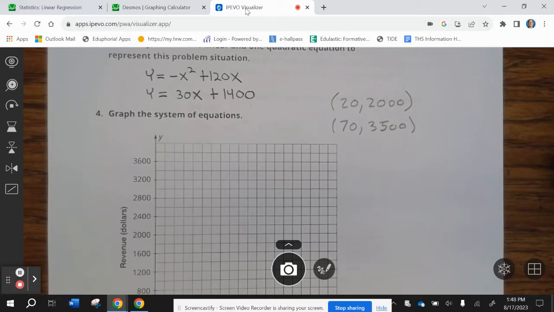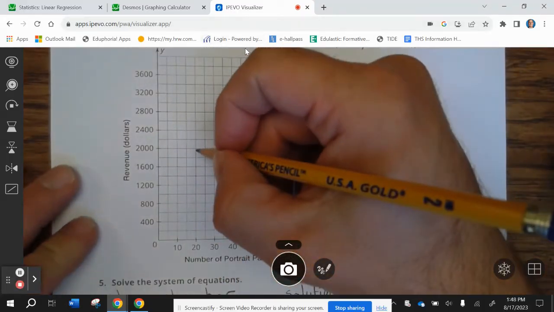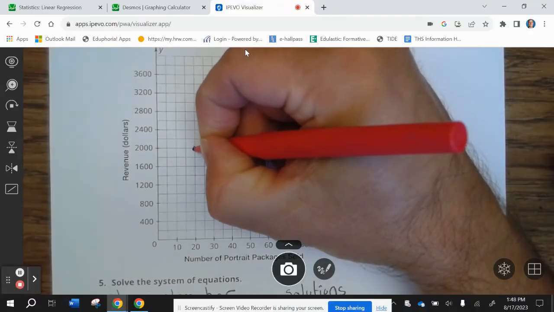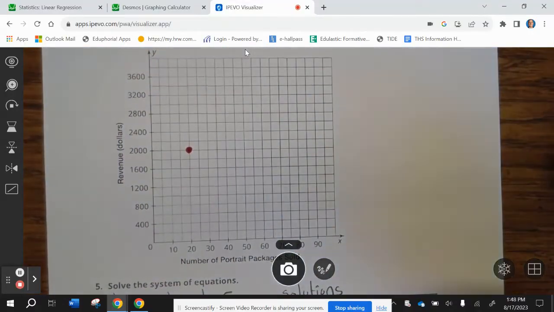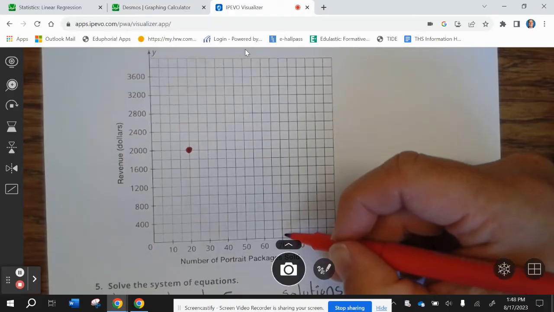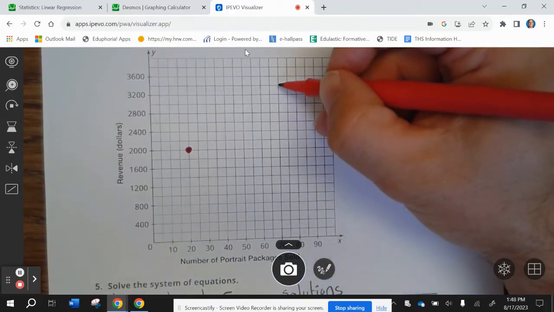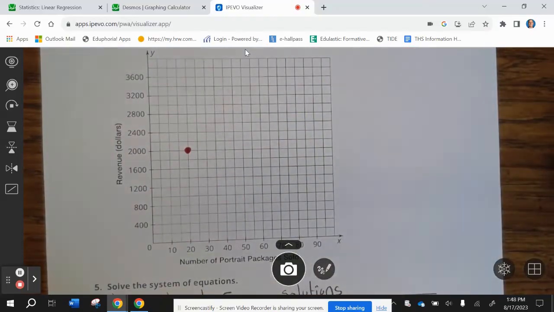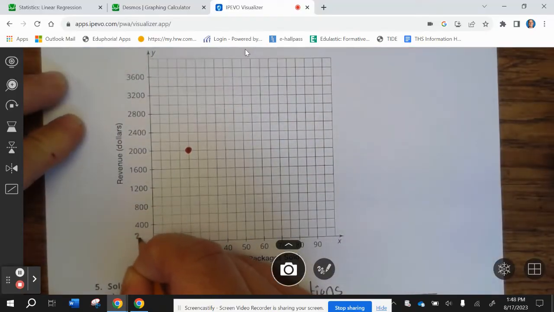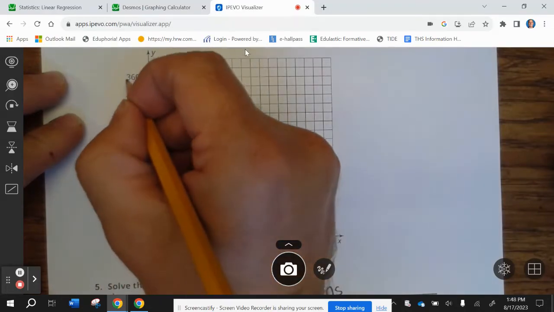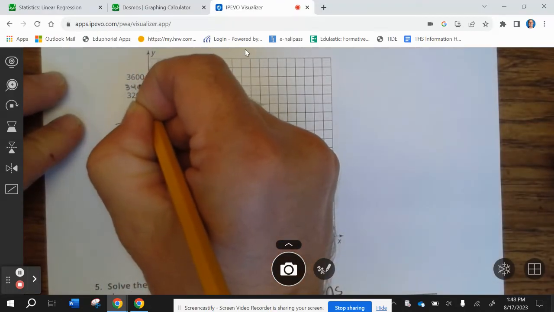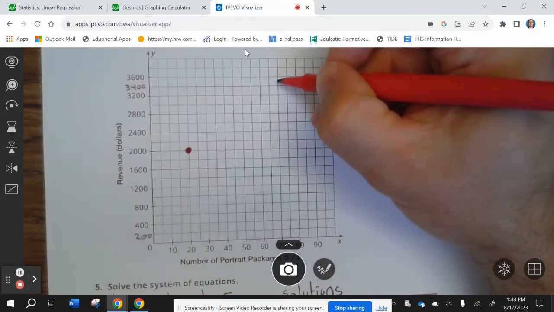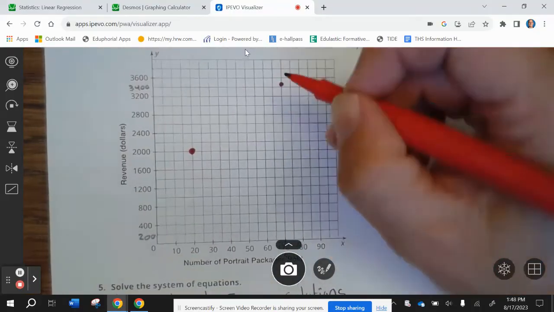So when we graph this, 20, 2,000 is right here, and 70, 3,500. So 3,500 is probably, these are counting by 200, right? So this would be 3,400, which is really close to 3,500. So we're just slightly above that.